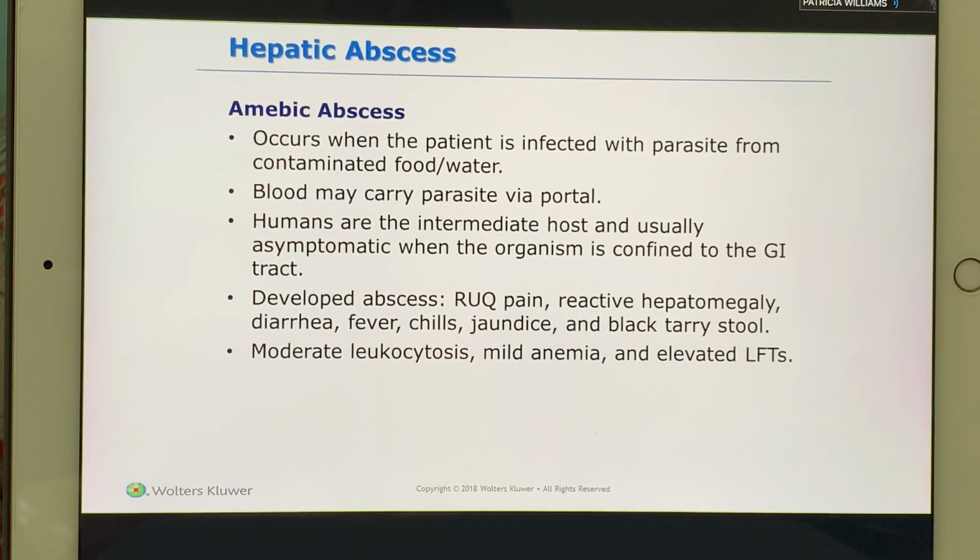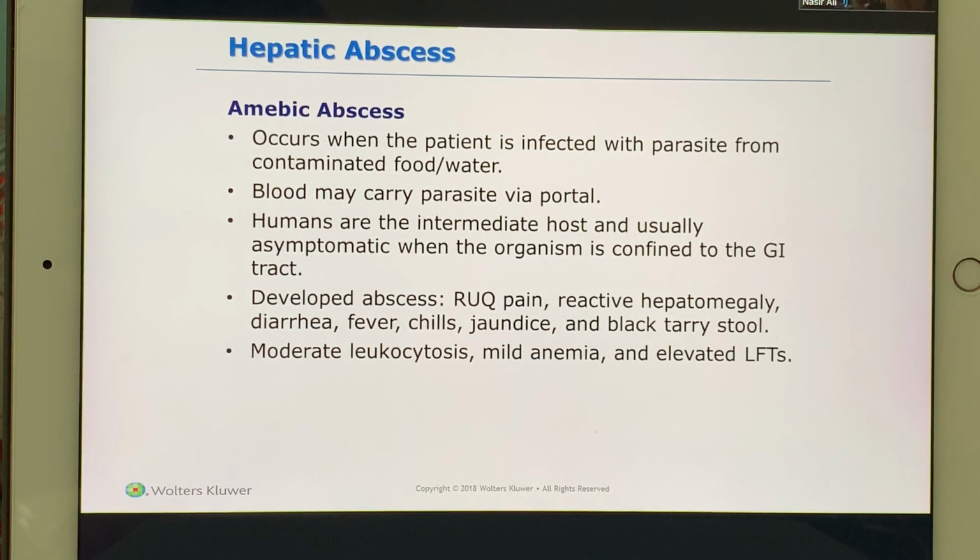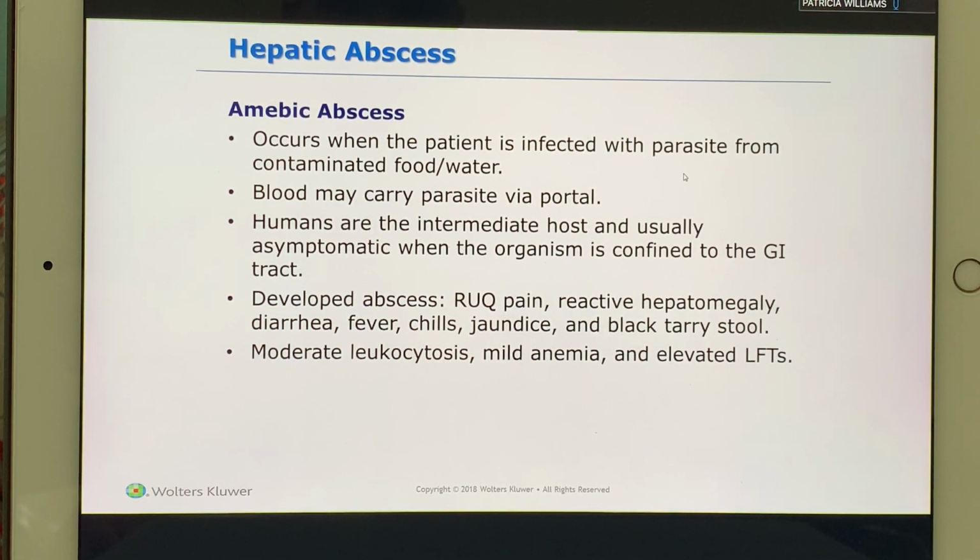An amoebic abscess occurs when the patient is infected with a parasite from contaminated food or water. Blood can carry the parasite via the portal vein from what vessel? What vessel drains the abdomen?